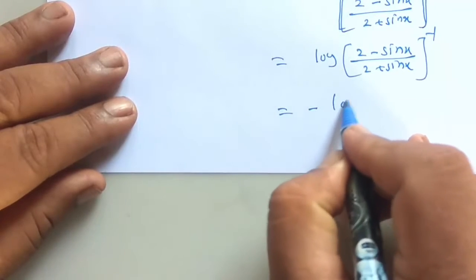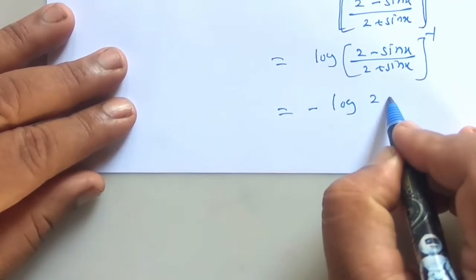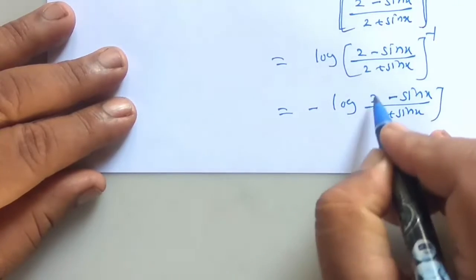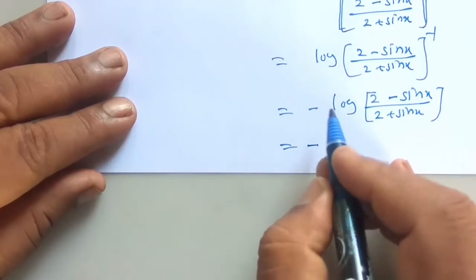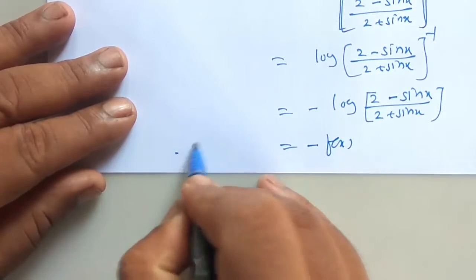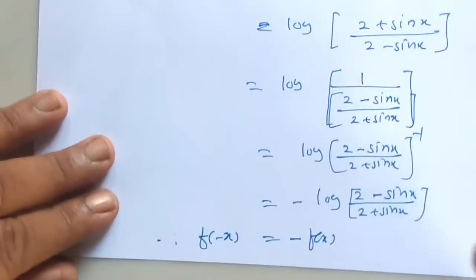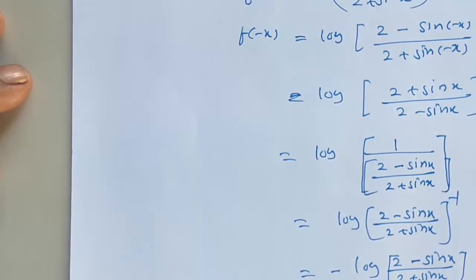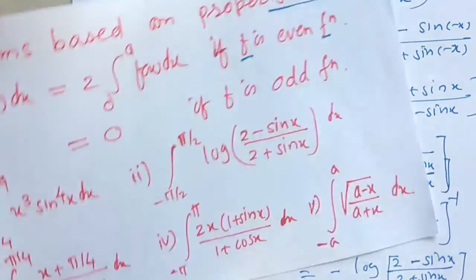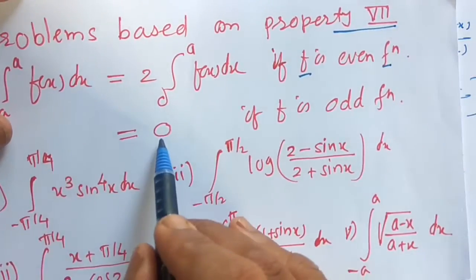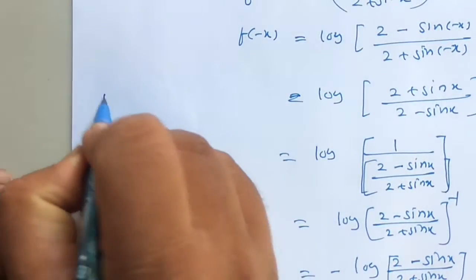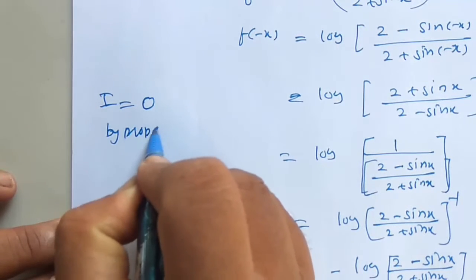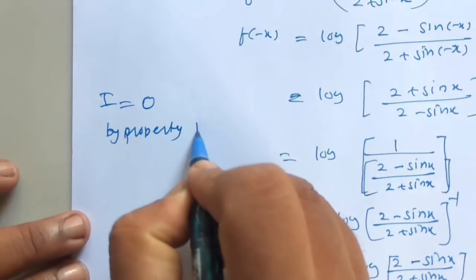So it is minus log of 2 minus sin x upon 2 plus sin x. So this is equal to minus f of x. Therefore, f of minus x is equal to minus f of x, and therefore by property 7, if the function is an odd function, then its value is 0, and therefore I is equal to 0 by property 7.